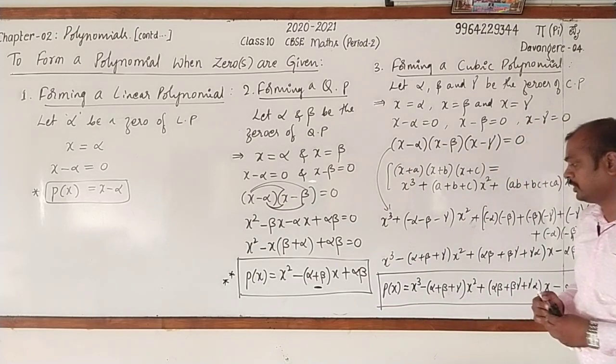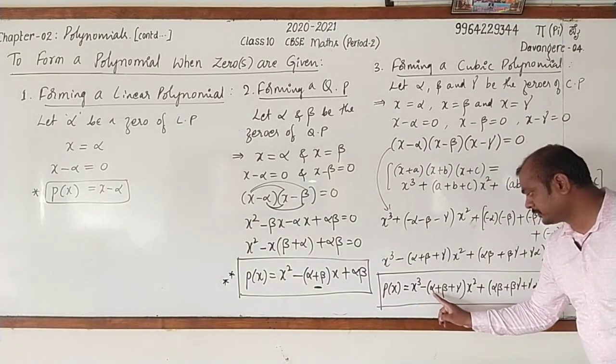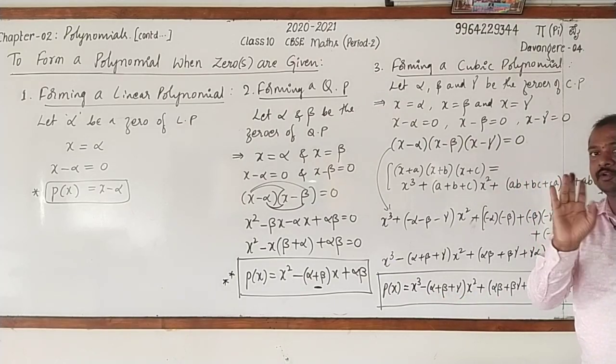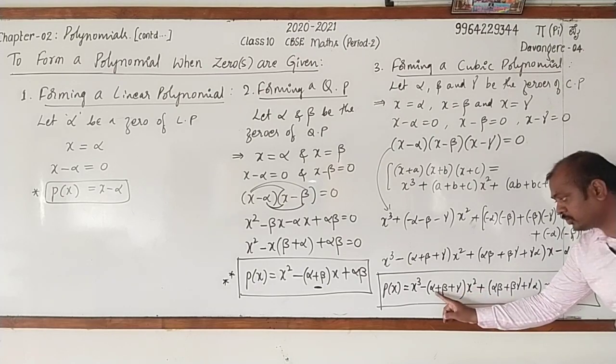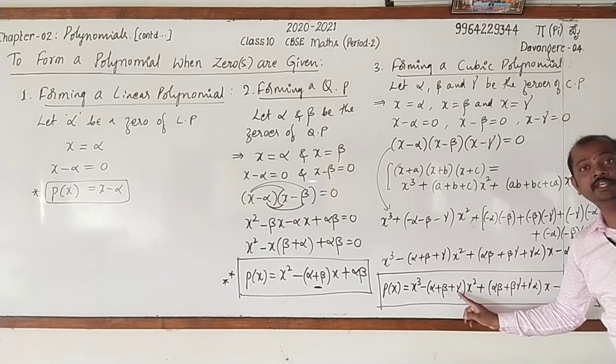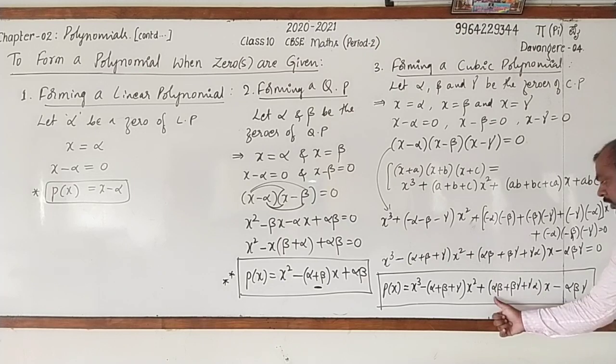Next, here the cubic polynomial. In this, alpha, beta and gamma are the 3 zeros, right? Then what do you call alpha plus beta plus gamma? Sum of zeros, right? Come to this one, alpha into beta into gamma. What is it? Product of zeros. What do you say about alpha beta plus beta gamma plus gamma alpha?